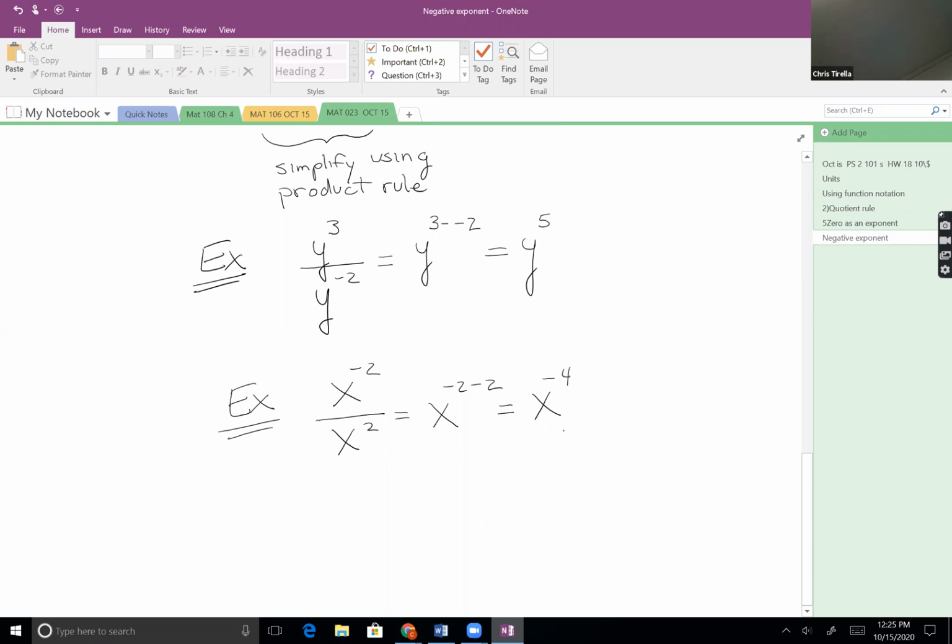And now I've got a negative exponent left. If the directions ask me to express with only positive exponents, that negative exponent tells me I'm going to turn this into a fraction. The factor with a negative exponent goes in the denominator, and then that exponent will be positive. And then that coefficient would just be 1.